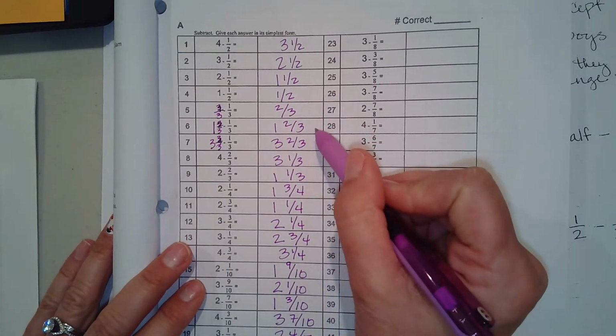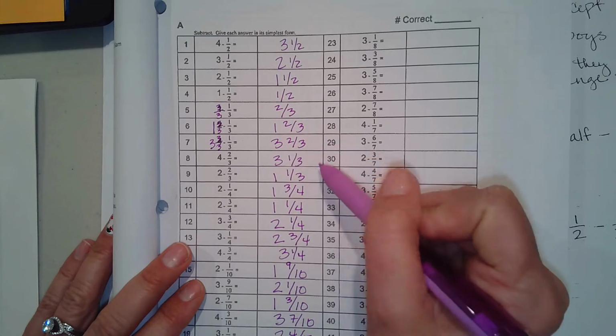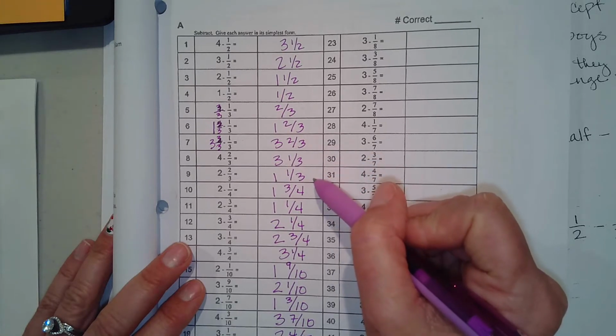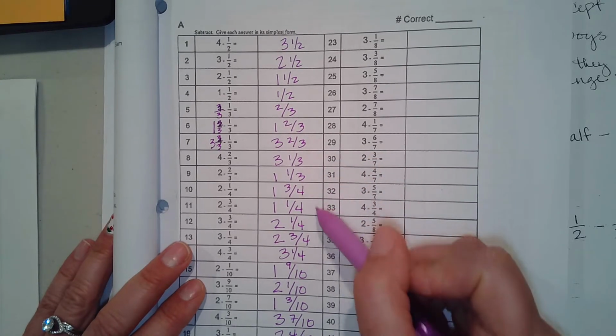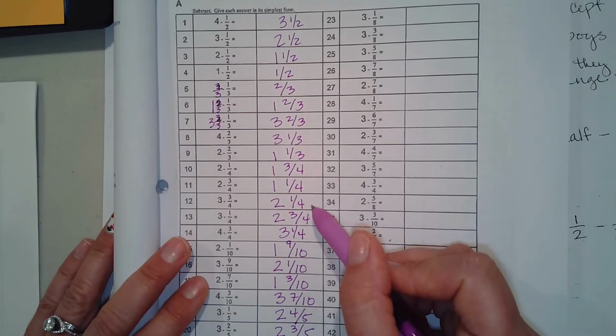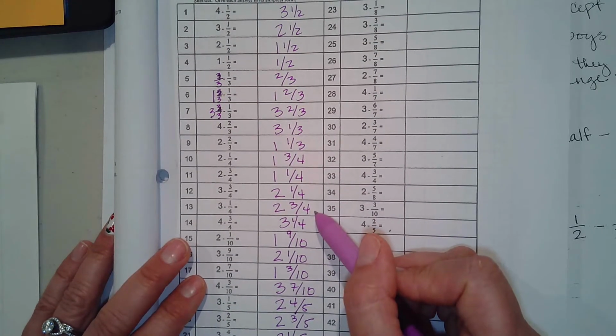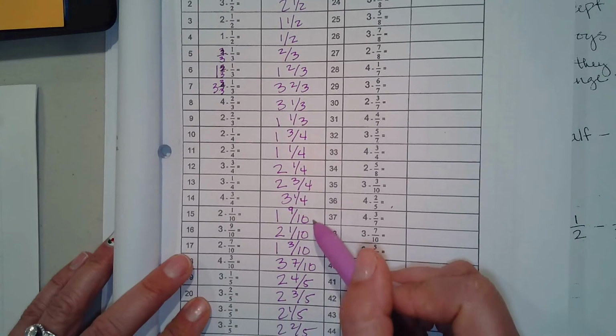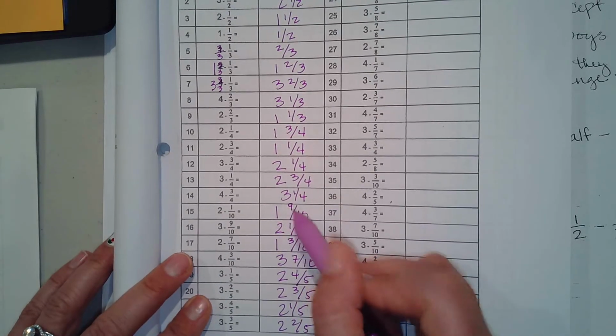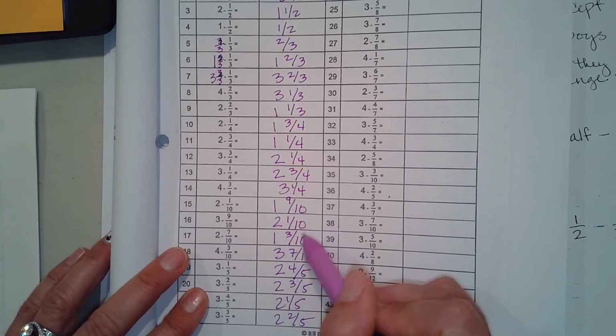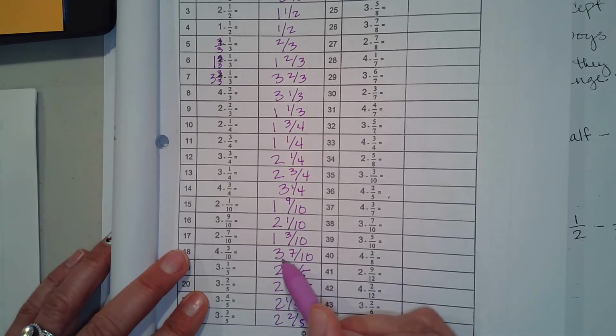So 2/3, 1 and 2/3, 3 and 2/3, 3 and 1/3, 1 and 1/3, 1 and 3/4, 1 and 1/4, 2 and 1/4, 2 and 3/4, 3 and 1/4, 1 and 1/9, 1 and 9/10, 2 and 1/10, 1 and 3/10, 3 and 7/10.